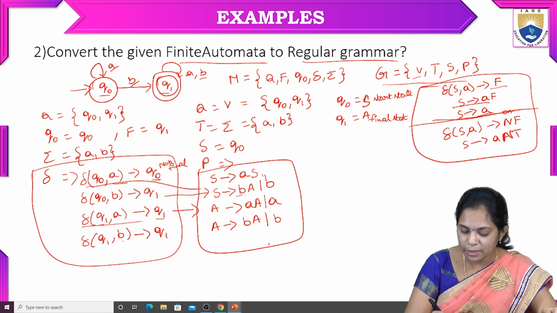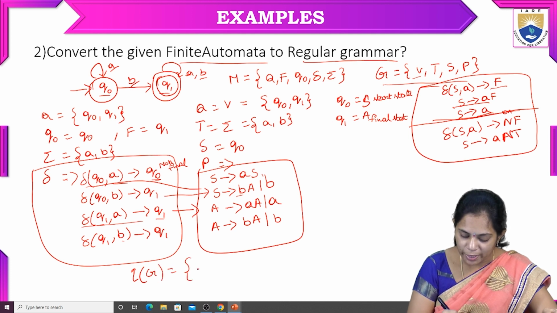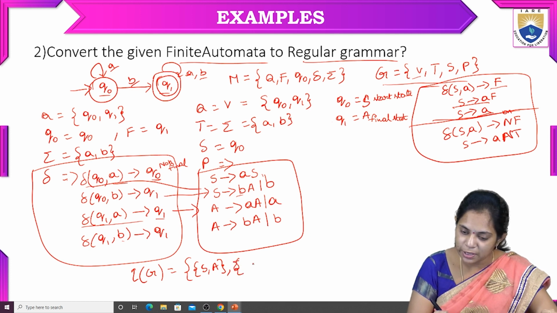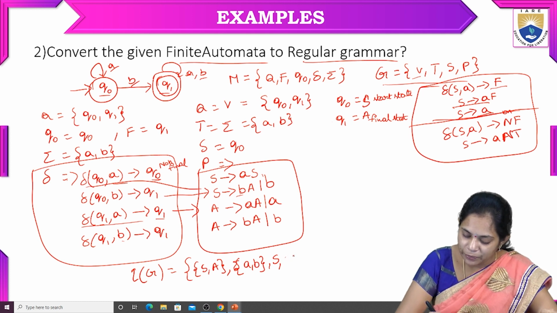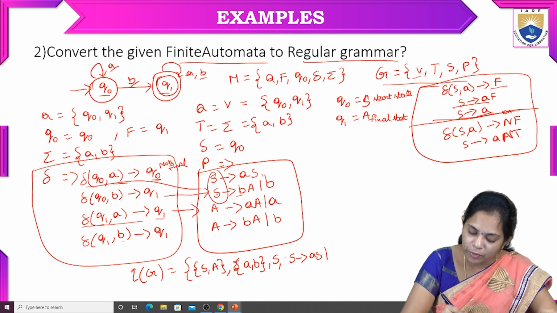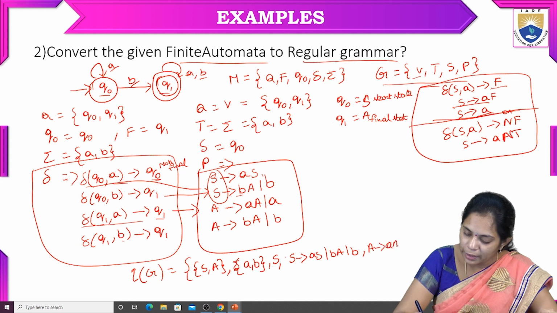So this is the regular grammar. Let me write the regular grammar: the language of the regular grammar is a 4-tuple. V has S, A and B, sigma is the terminals a comma b, S is the starting symbol, and lastly the production rules, which we write as S tends to aS | bA | a | b, and A tends to aA | bA | a | b.